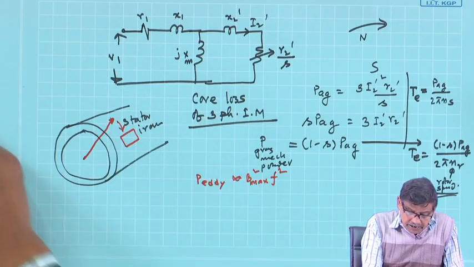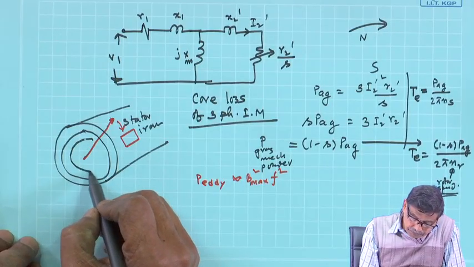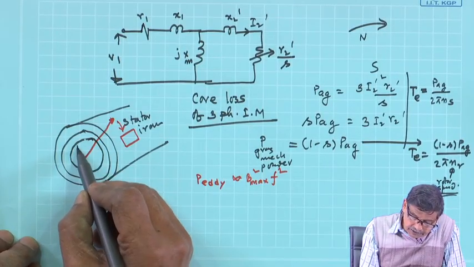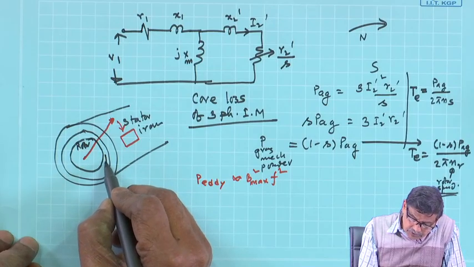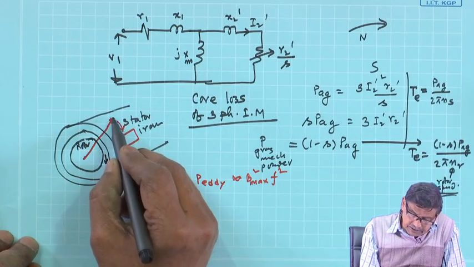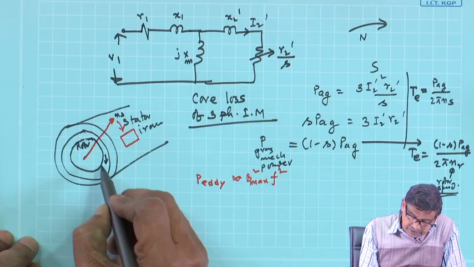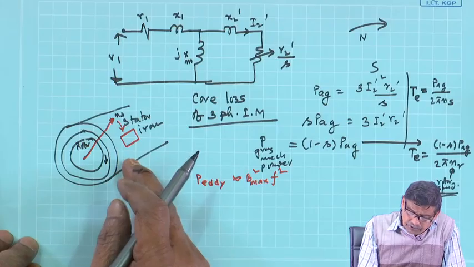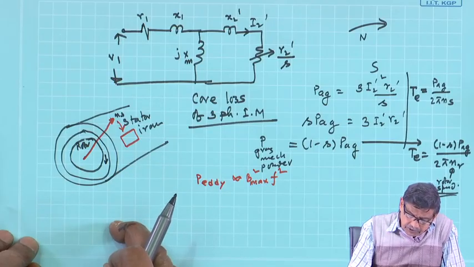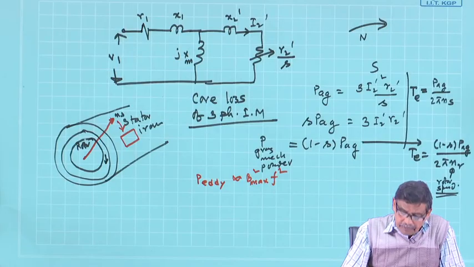Achha, before I go further, let us see what happens to the rotor body. This is the rotor. The rotor will rotate, as we know, in the same direction as the resultant field or stator field, which is moving with ns, and this rotor field, with respect to a stationary observer, will also rotate at the same speed.